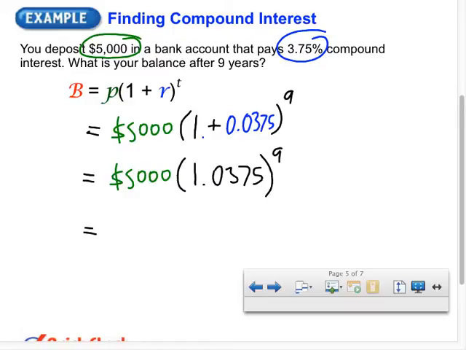So I would enter my base, which is 1 and 375 10,000ths, and then I'd have to use the x to the y button, because now I told it what the x is. Now I have to tell it the y, and what's the y going to be? The exponent? It's going to be the 9, right? And then I would hit enter or equals as soon as I did that. Now I'm going to tell you what that number is, and I want you to calculate this last part.